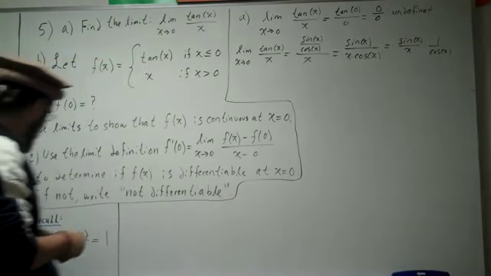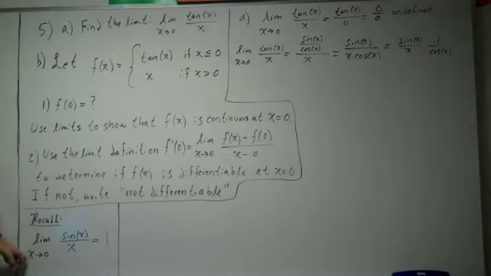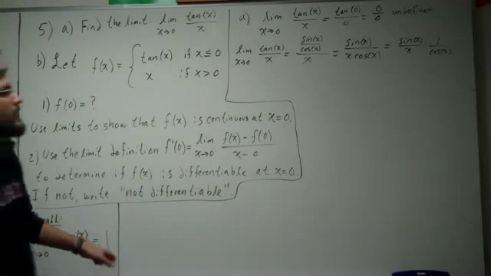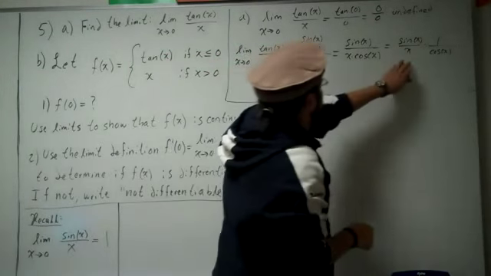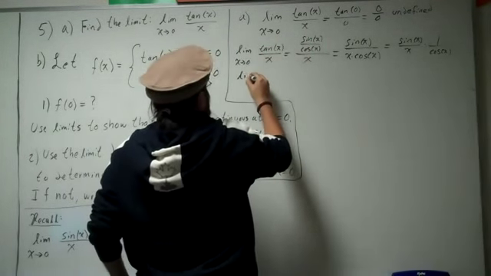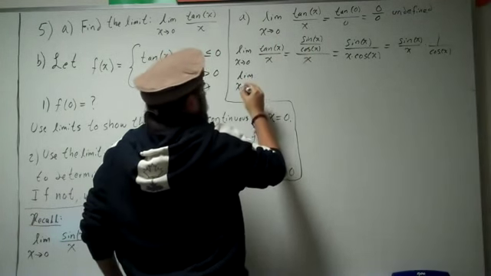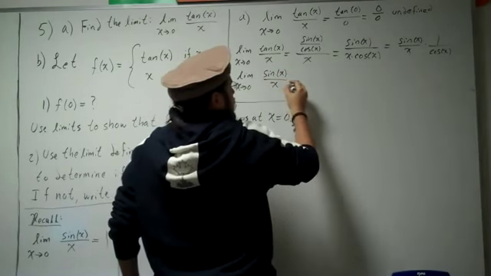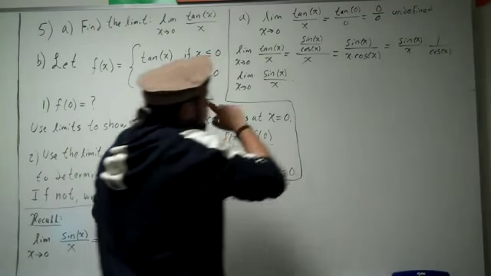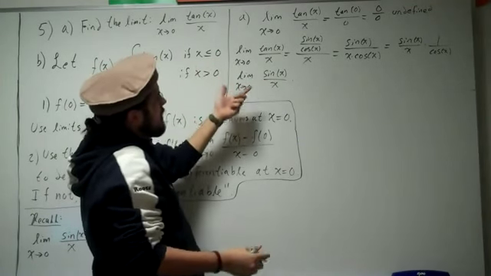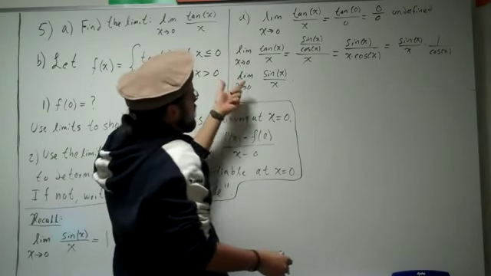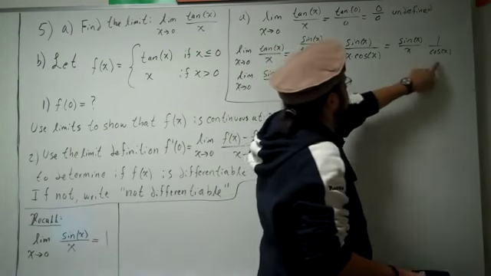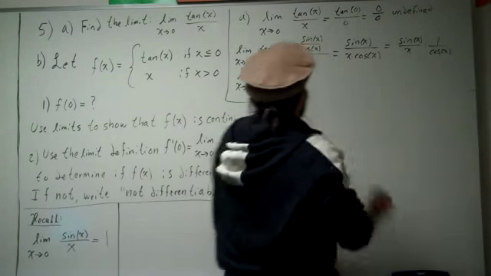Well, I put it this way to recall that the limit as x approaches 0 of sine x divided by x is always 1. So the limit of this is equal to the limit of this. In the limit rules and properties for limits, if you have a limit of something times something, you just take the limit of this times the limit of this.